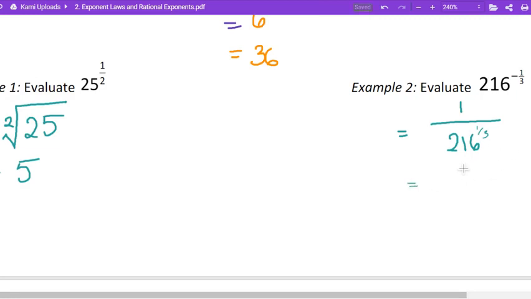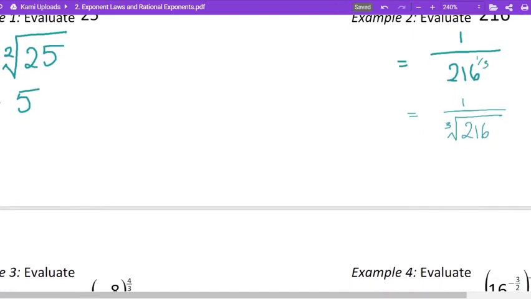Okay, and the 1/3 means that we're taking the cubed root of 216. Okay, and you can pop that into your calculator, right? So it might be important that you figure out how to take a cubed root on your calculator, or you can test it out, okay? And so we find the value, we evaluate it at 1 over 1/6.